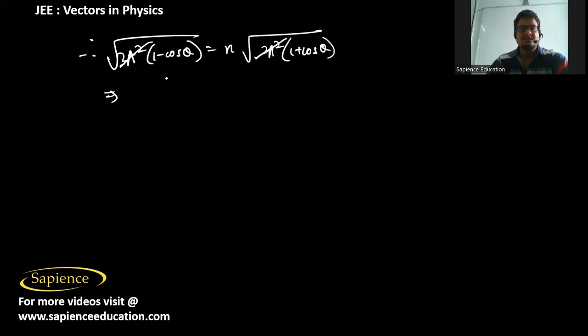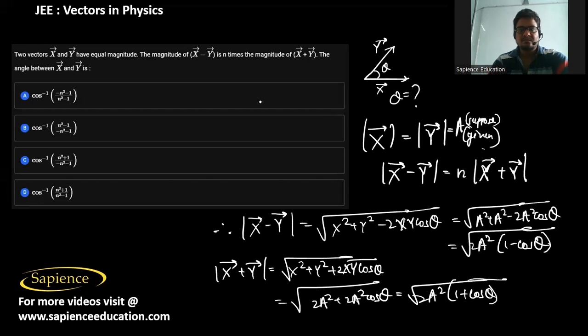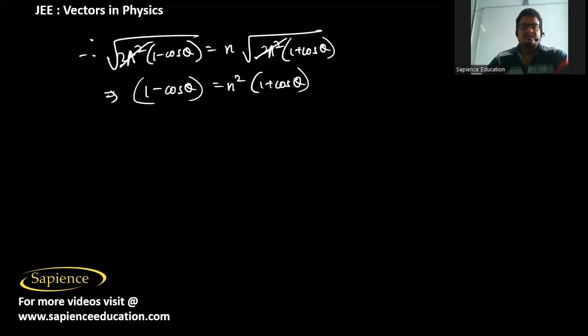2a square will cancel out. So this is 1 minus cos theta, that will be equal to n square into 1 plus cos theta. So it means this will be 1 minus cos theta equal to n square plus n square cos theta.